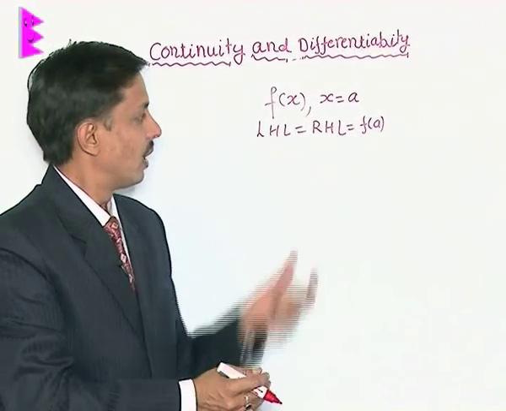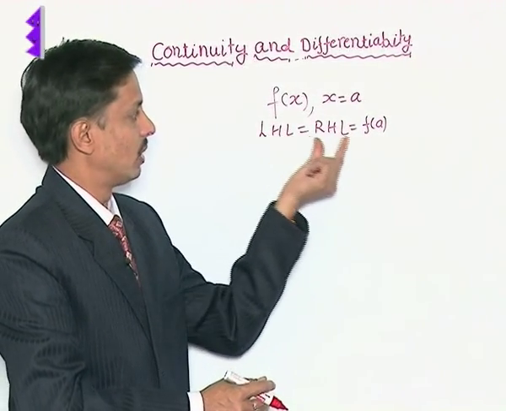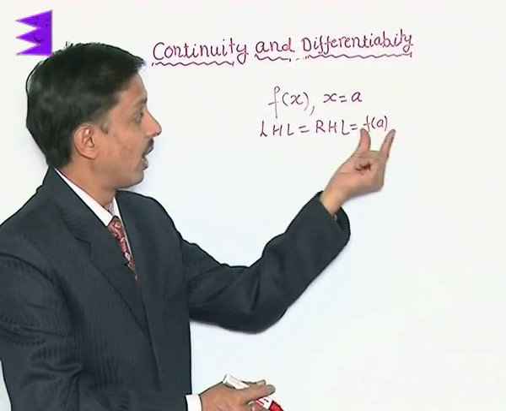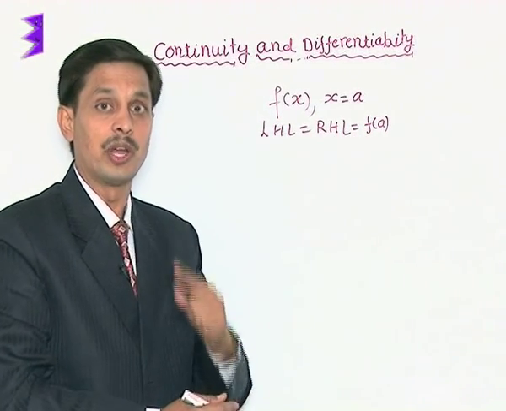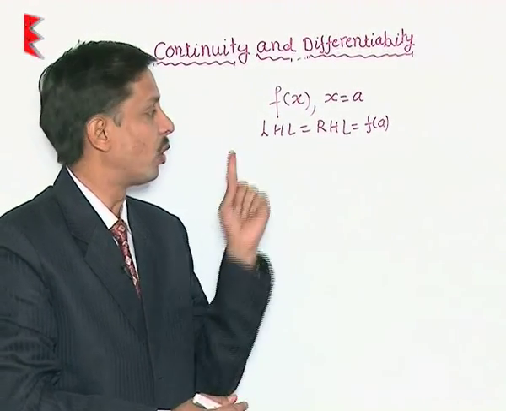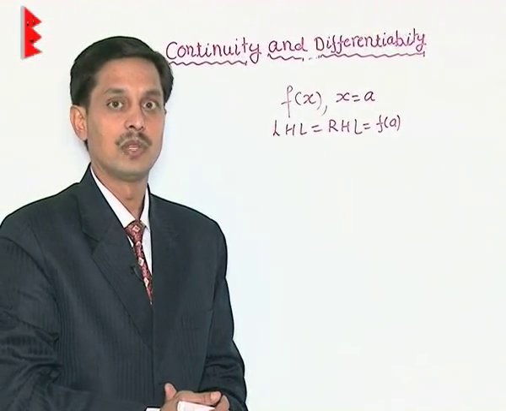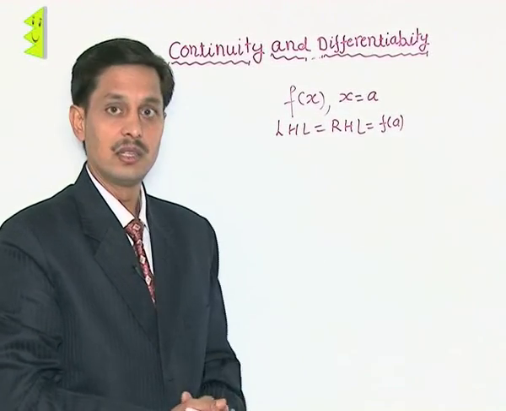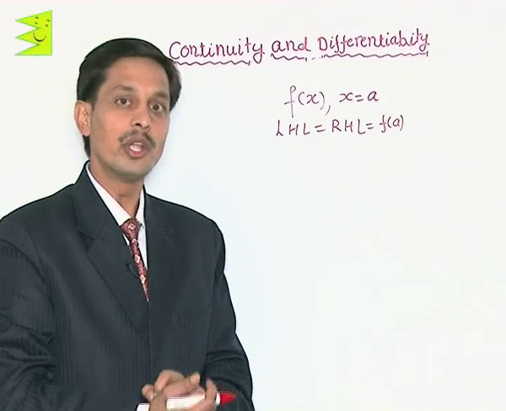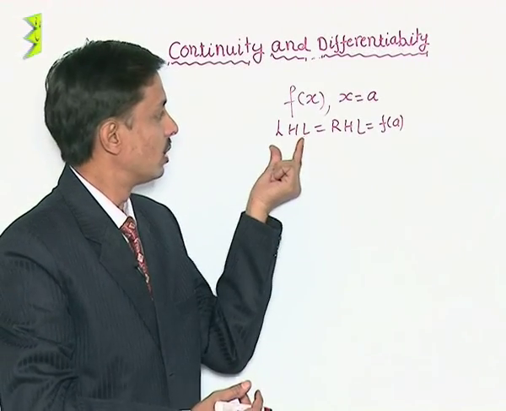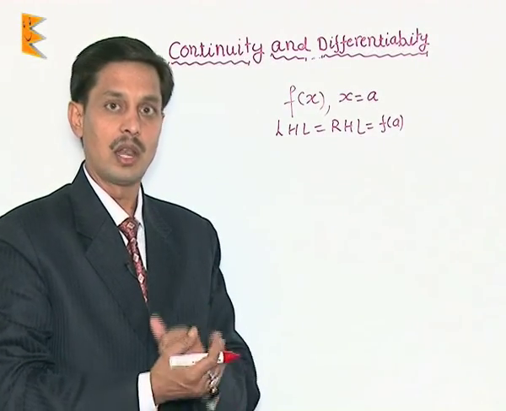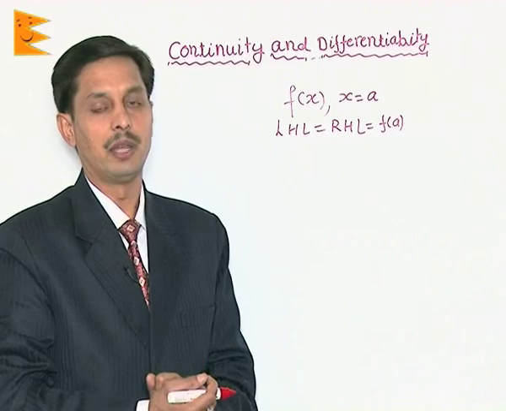That is, if the left hand limit of a function, the right hand limit of a function and the value of the function at the point where we are checking continuity are all equal, then we say the function is continuous. To understand continuity, we must know the concept of left hand limit and right hand limit.